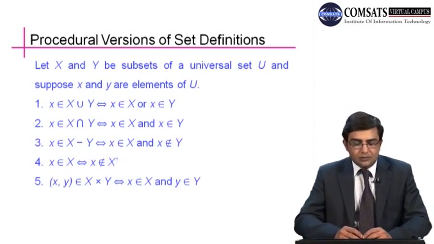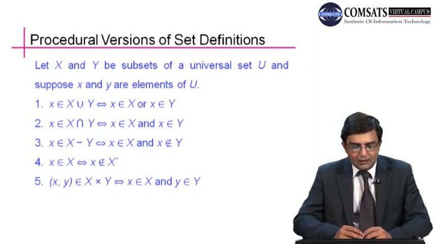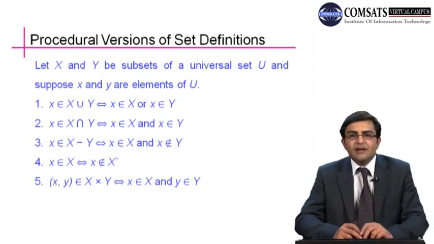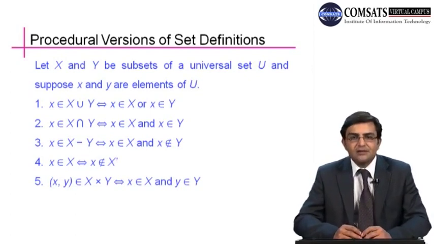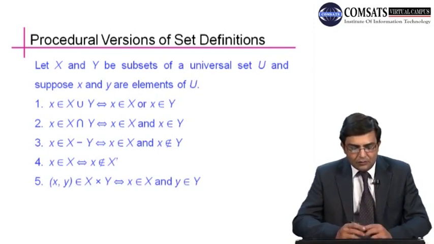In the last lecture we discussed the memberships. If we have two sets X and Y which are subsets of a universal set U, then we repeat here some memberships of elements to their sets.